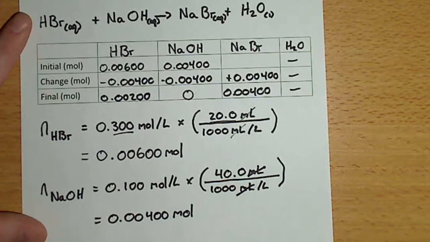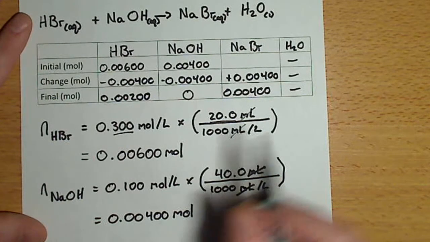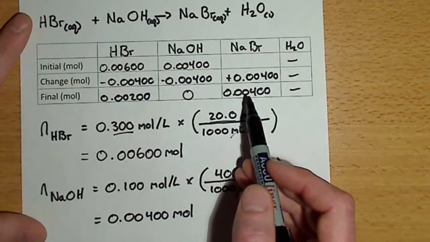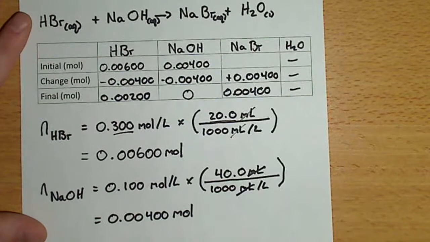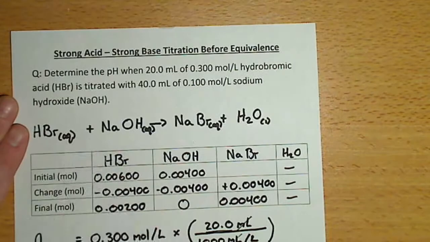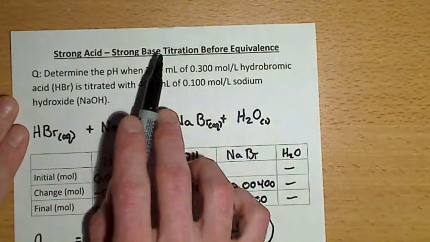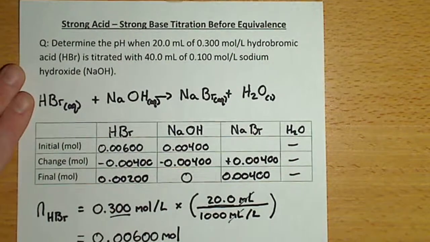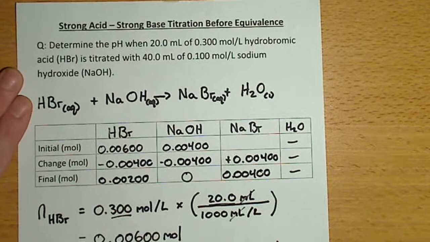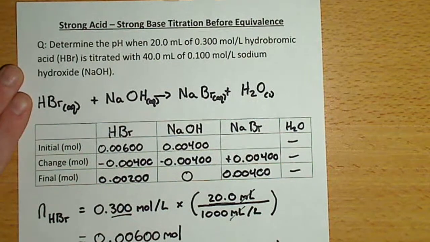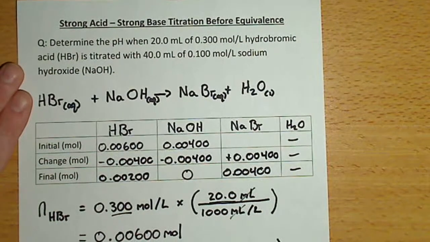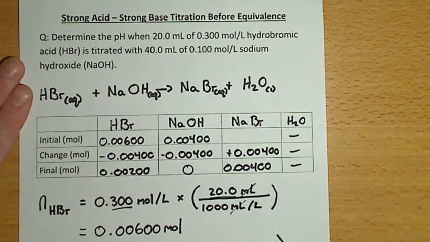Furthermore, they won't donate any hydrogen protons to form hydronium. So, the molar amount of the salt does not have to be considered when considering the pH in a strong acid, strong base titration. This is unlike a weak acid, strong base, or strong acid, weak base titration, where the salt will contain a conjugate acid or base which needs to be considered.